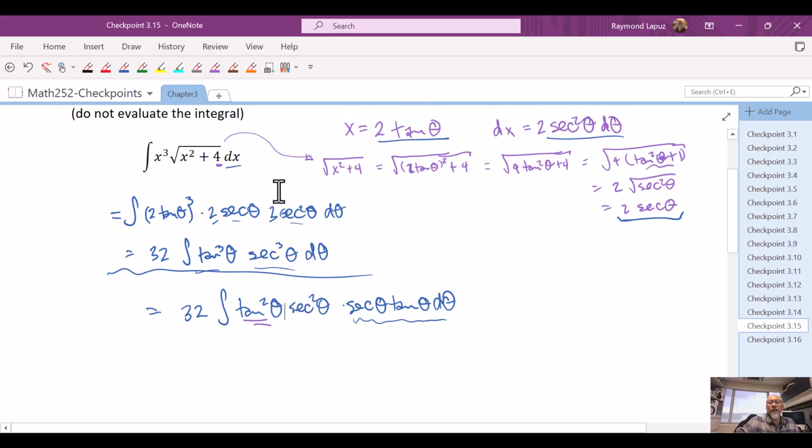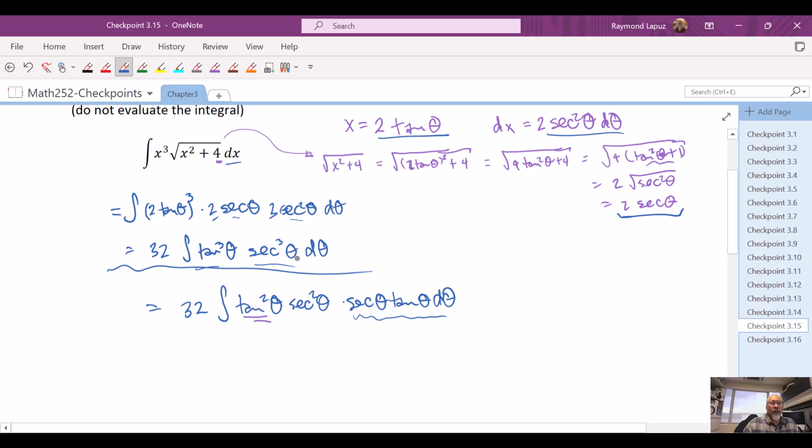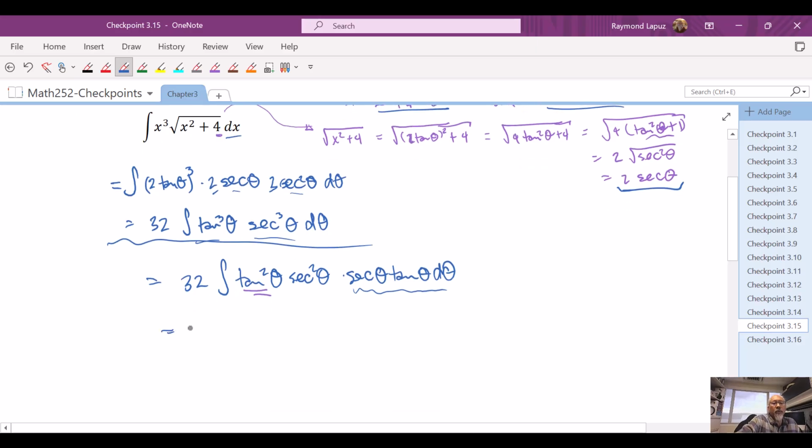I think we saw a version of this particular trig identity. So we'll write 32 constant outside, and then we'll rewrite this tan squared theta as secant squared theta minus 1, and then we still have the secant squared theta here, and then the secant theta tan theta.